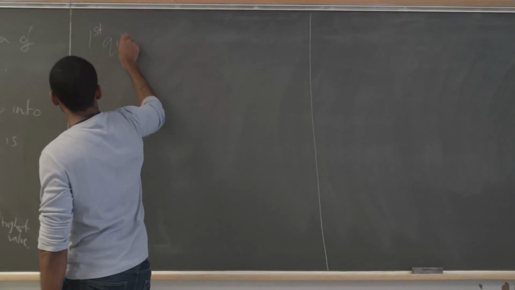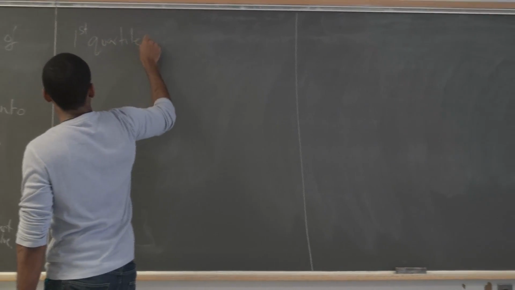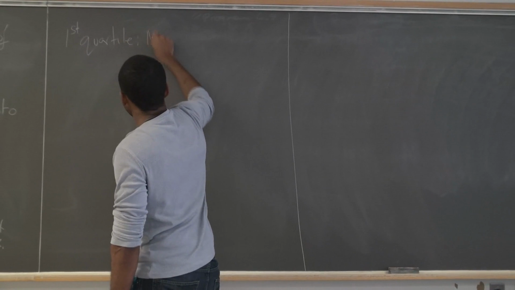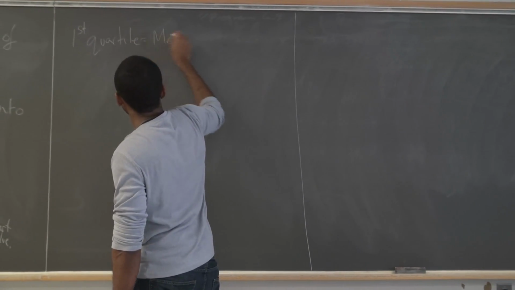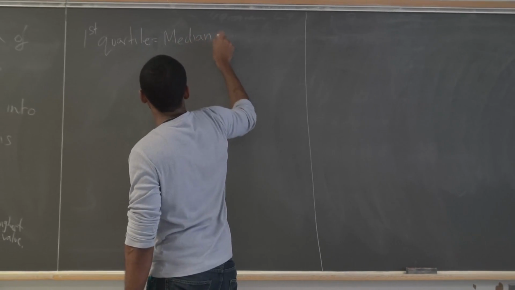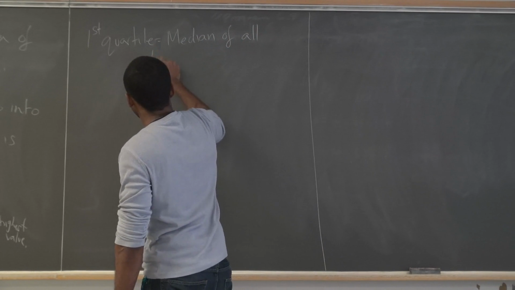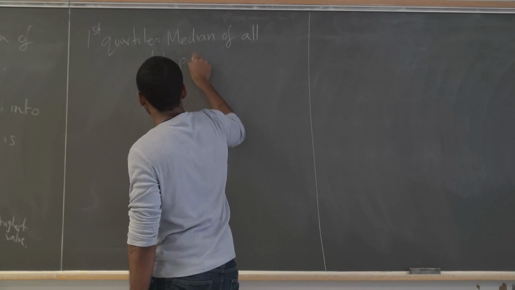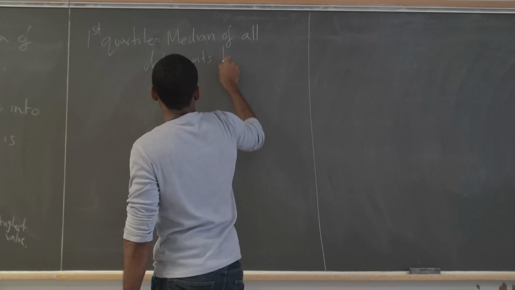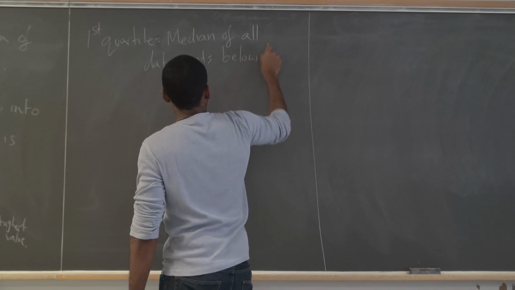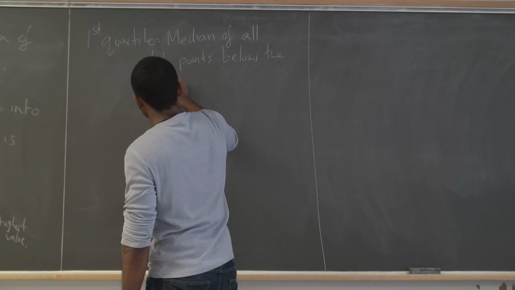So let me be specific here. The first quartile is the median of all data points below the median.